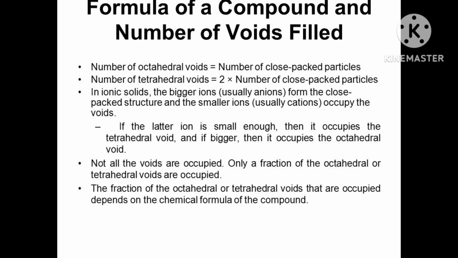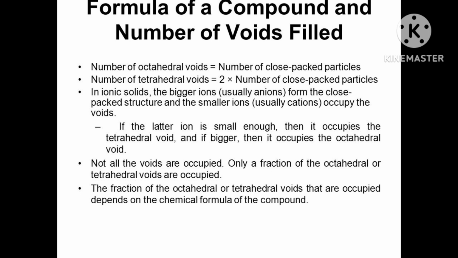Again the question: atoms of element B form an HCP lattice and those of element A occupy 2/3 of the tetrahedral voids. What is the formula of the compound formed by the elements A and B? Now you have understood that A occupies 2/3 of the tetrahedral voids and B forms the HCP lattice.